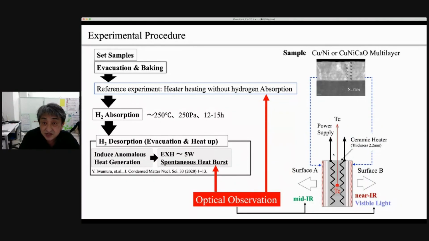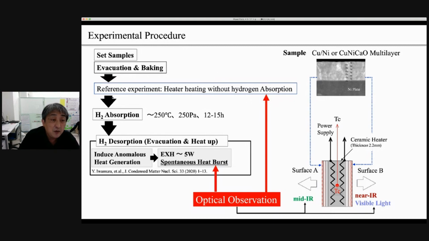Experimental procedure. Using a magnetron sputtering, nano-multi-layer films are formed. We set the sample on the heater, followed by sample evacuation and baking. And next, we measure the heater temperature and photon radiation corresponding to the input power without hydrogen absorption.